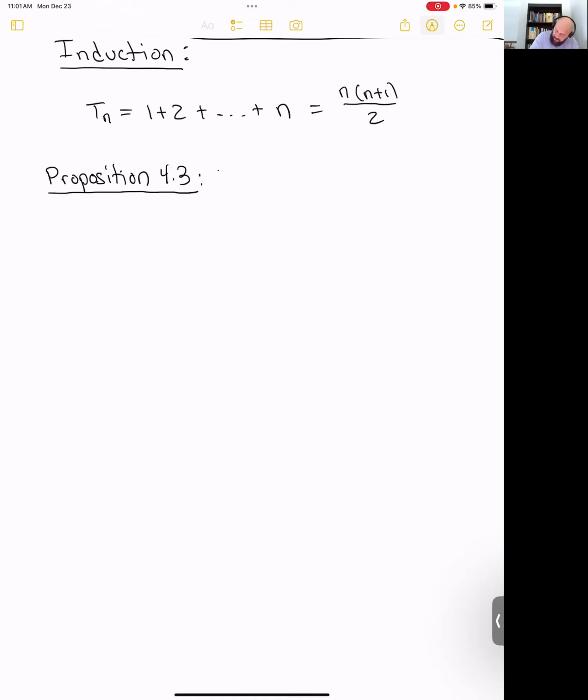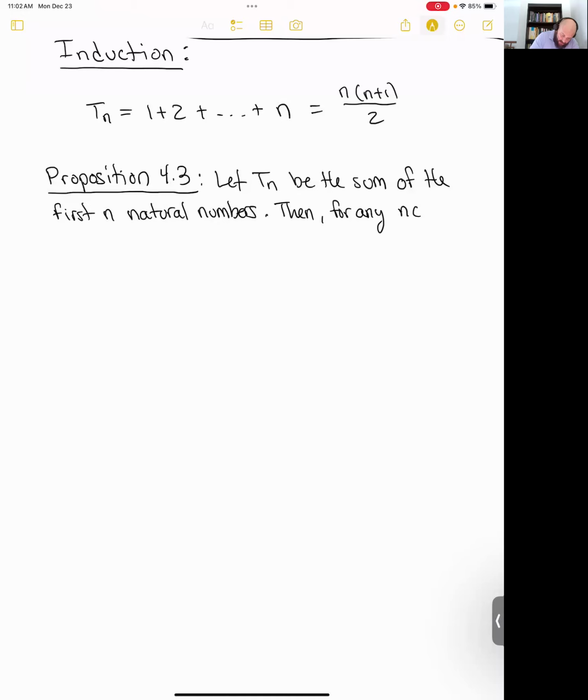And so now, let's just say let T_n be, we'll write this part in words, the sum of the first n natural numbers, then for any n in the natural numbers, we find that T_n plus T_{n+1} has another nice closed form expression, which is (n+1) squared.